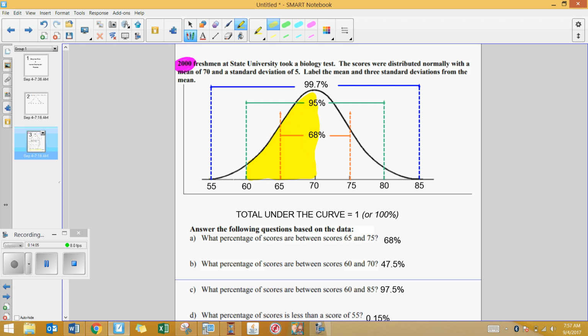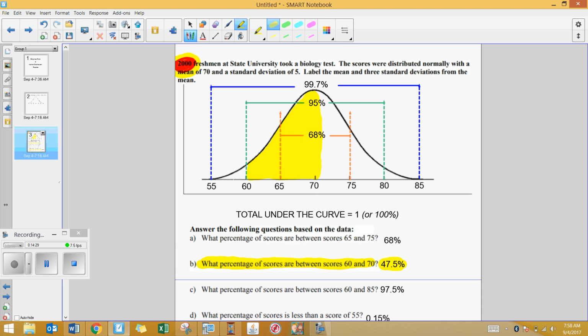If you remember in question B, we were asked what percentage of scores are between 60 and 70. The percentage of scores between 60 and 70 is 47.5. So all I have to do is find 47.5% of those 2,000 freshmen.